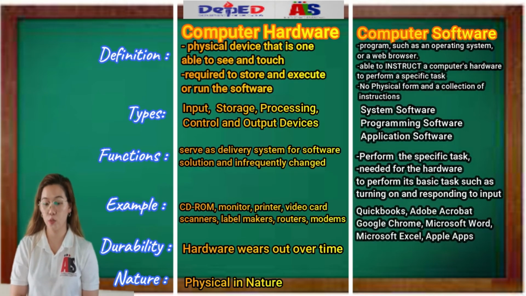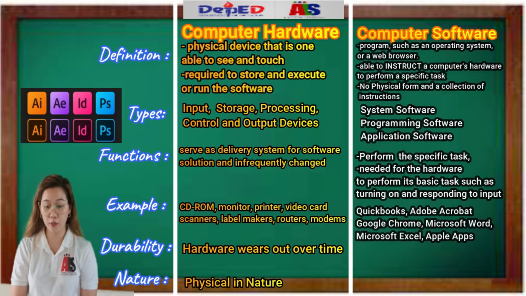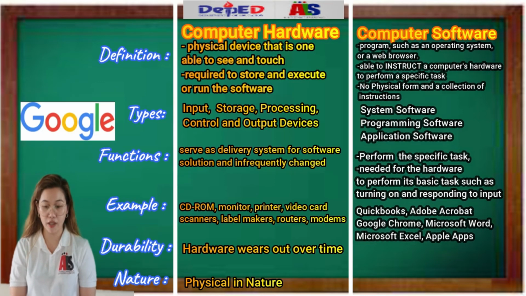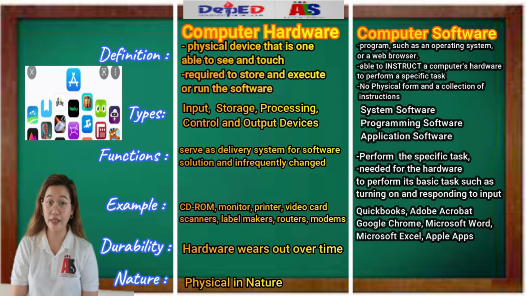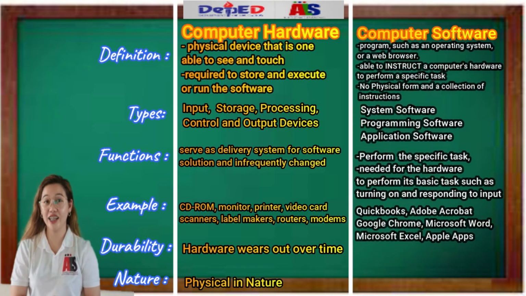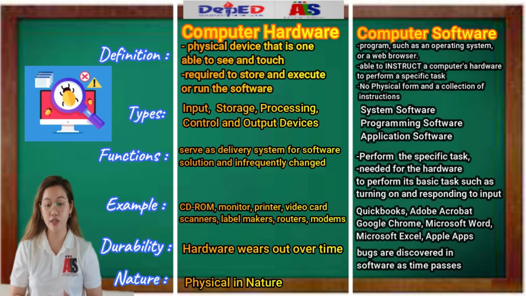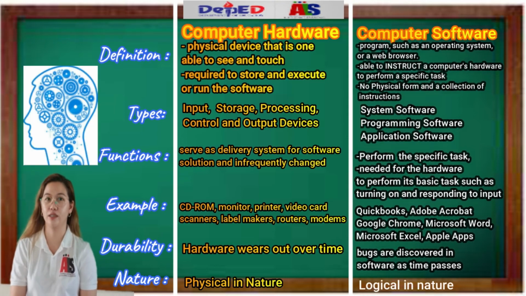We have QuickBooks, Adobe Acrobat, Google Chrome, Microsoft Word, Microsoft Excel, and Apple Maps. Unlike hardware, which wears out over time, software does not wear out over time. However, bugs are discovered in software as time passes. And software is logical in nature.